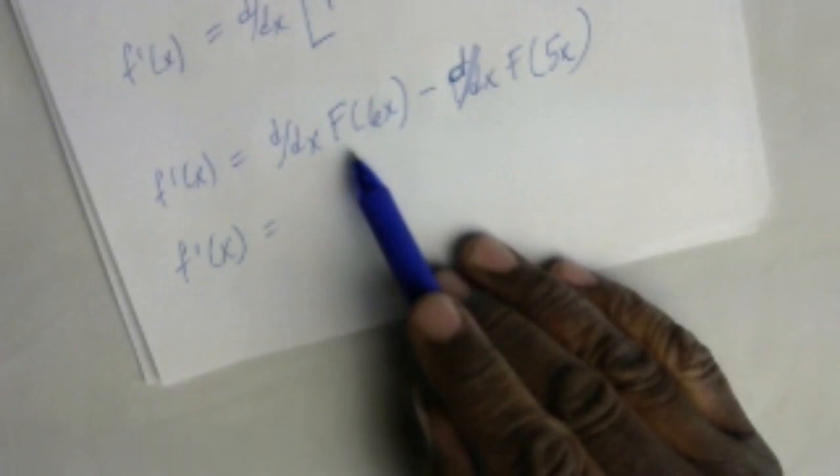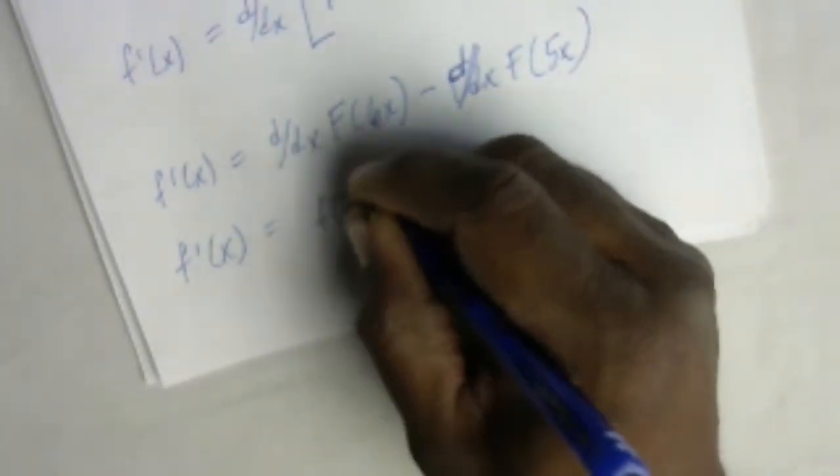Right, so if I take the outside inside derivative, the derivative of capital F of 6x would be lowercase f of 6x, and if I take the derivative of my innermost term, I have 6, minus the derivative of my outermost term, which would be lowercase f of 5x, times 5.